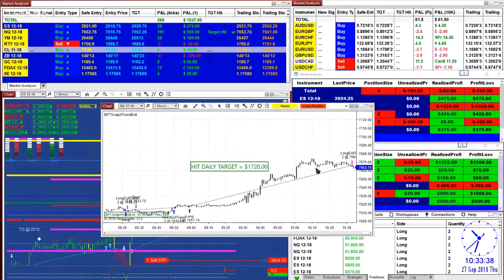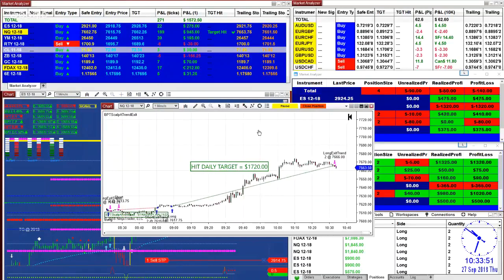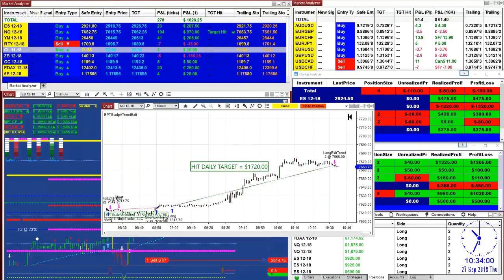It already hit the target on the swing trading. And this one here is an honest 1 minute, none of those hypocrite 1 minutes. And this is 1720, and this is done with the Nasdaq.